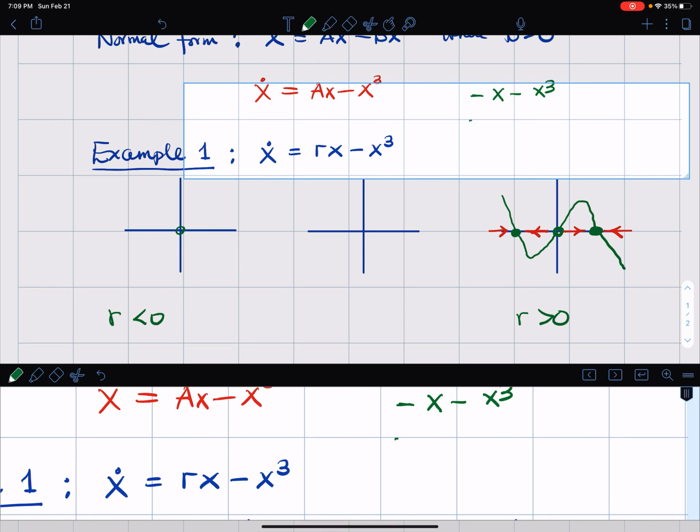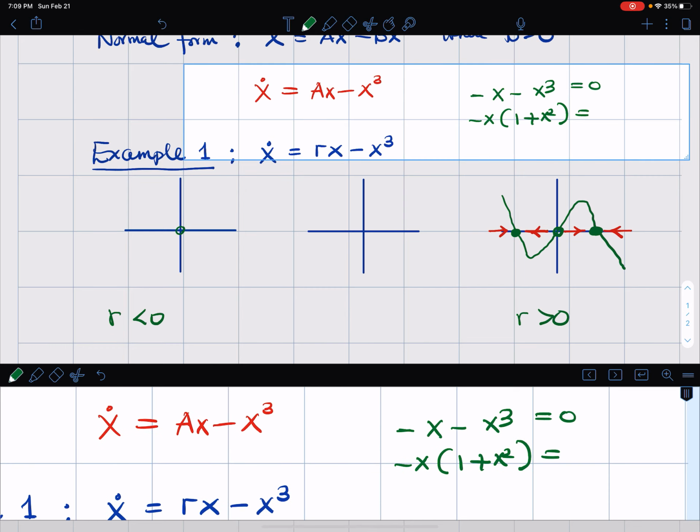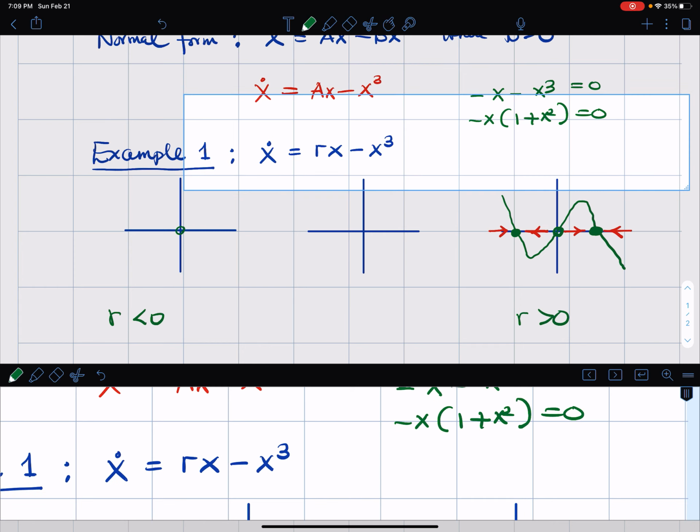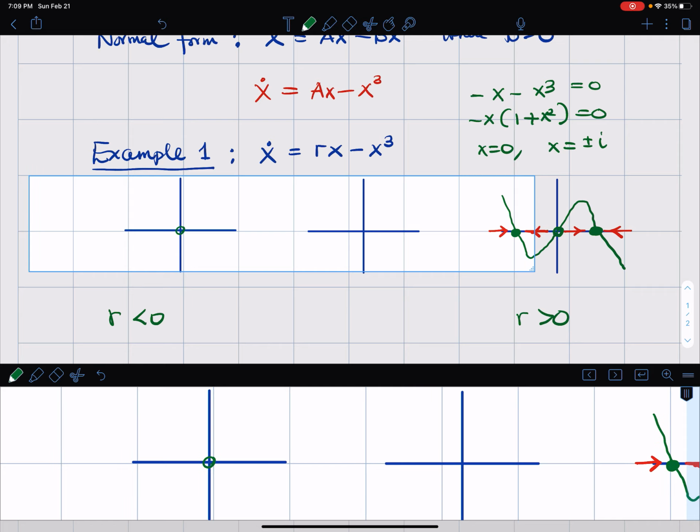If I factor out -x, I'll end up with 1 plus x squared. So if I set this equal to 0, my only fixed point will be x is equal to 0, and then we have x is equal to plus or minus i, right? So the only real valued fixed point is x is equal to 0.